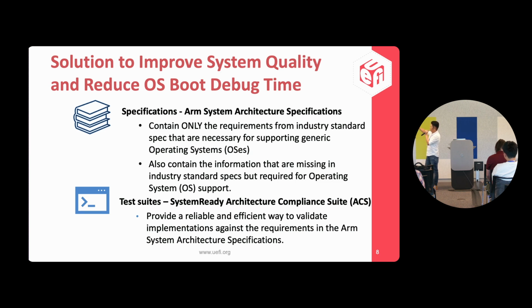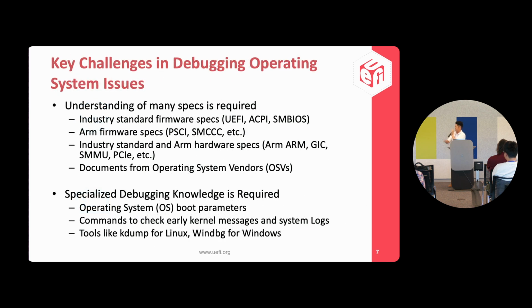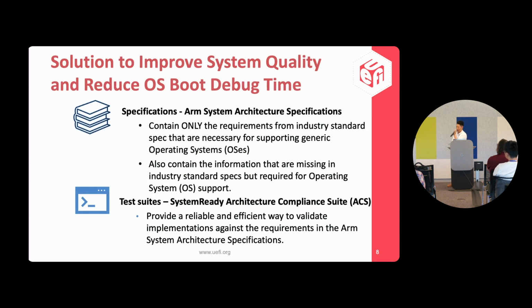Based on those specs, which contain only the requirements from industry standards and Arm standards that are necessary for generic OS install and boot, if you want your system to seamlessly support generic OSs, you only need to check those few specs instead of the many specs I mentioned in the last slide. That can save you a lot of time.